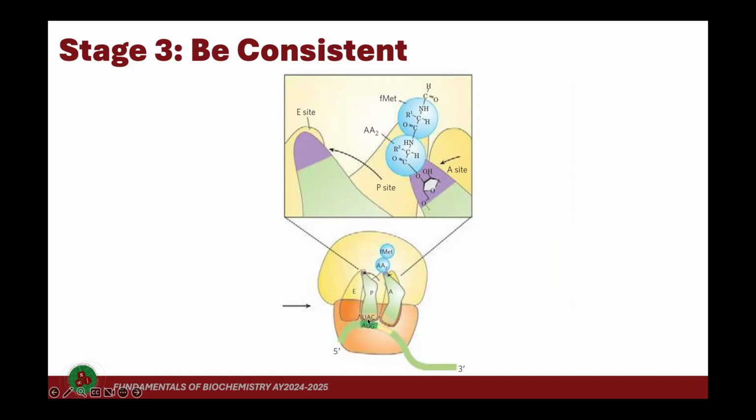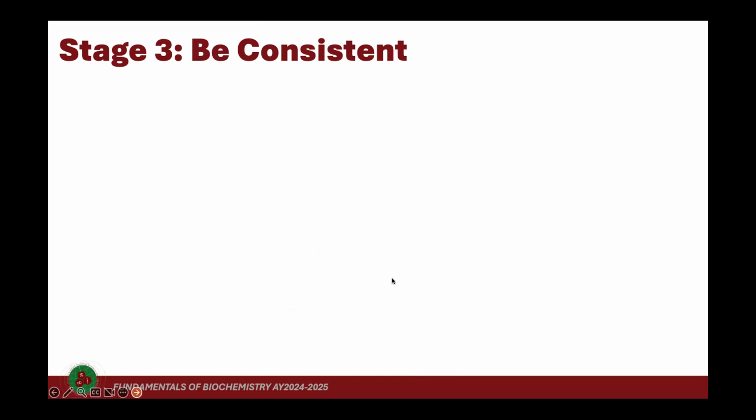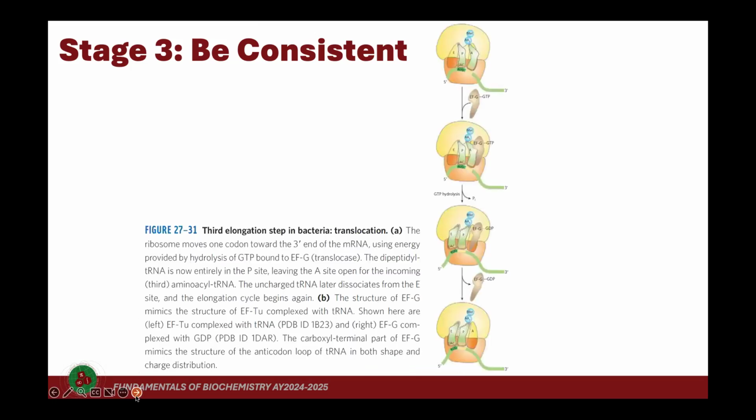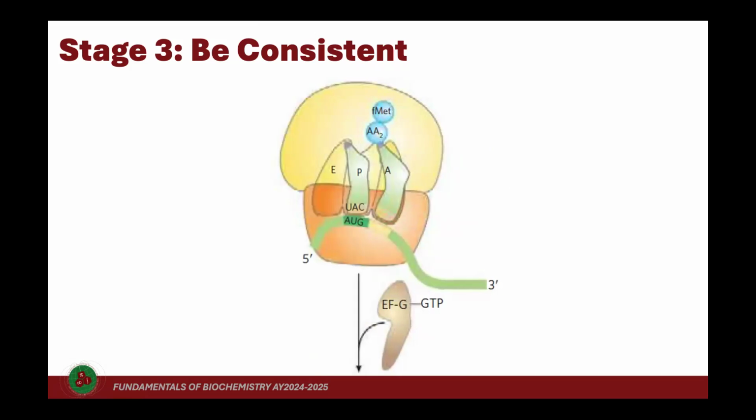So the first tRNA is still in the P site, but its amino acid arm is already in the E site. Likewise, the second tRNA, it's still in the A site, but its amino acid arm is now in the P site. So what will happen here? So what will happen is a translocation of your ribosome. The ribosome needs to move along the mRNA transcript. And so this is our current status.